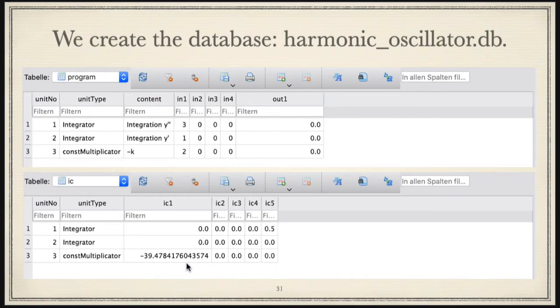Okay, we create the database for this example. Look at the table above. We have two integrators and a constant multiplicator. Here in this table, the first integrator has the initial condition 0.5 and the constant multiplicator has this minus 39 and so on.